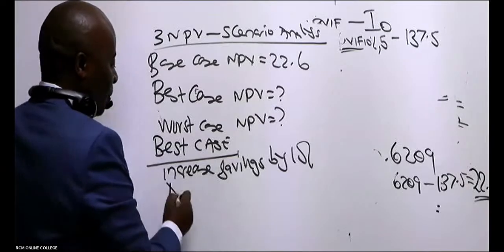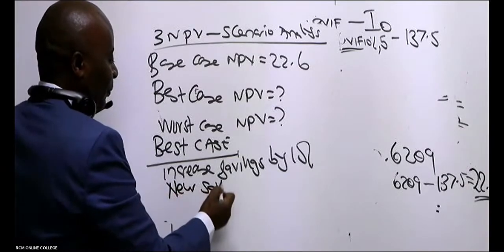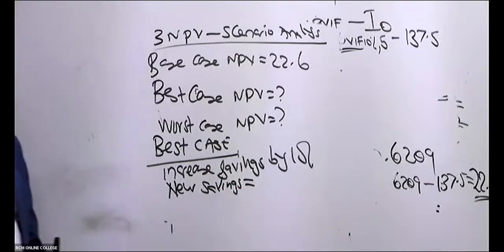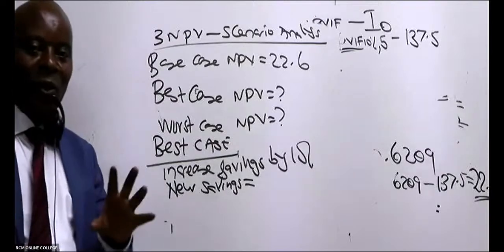So if you're going to increase the savings by 10%, what will be the new savings for us? Remember the old savings, the PBDT, was 45.